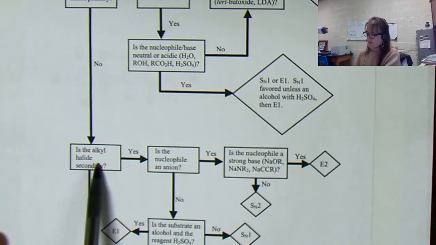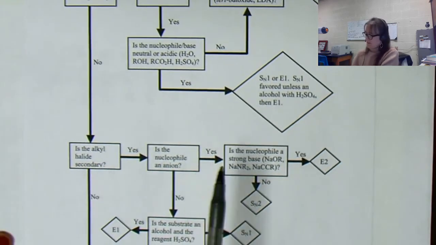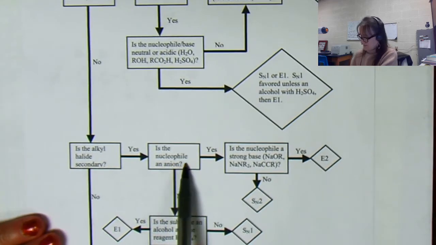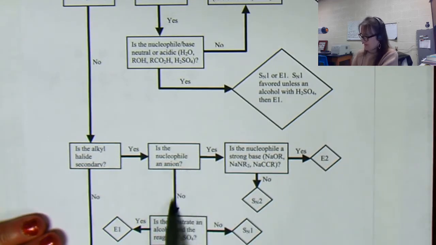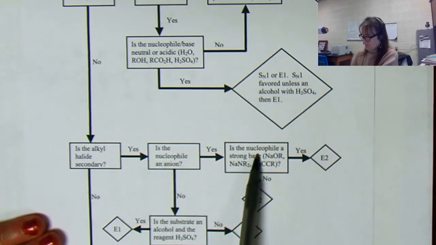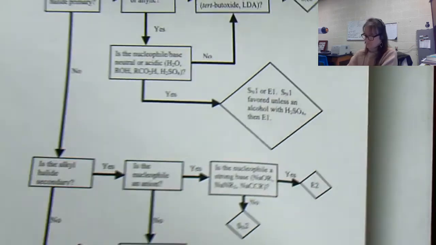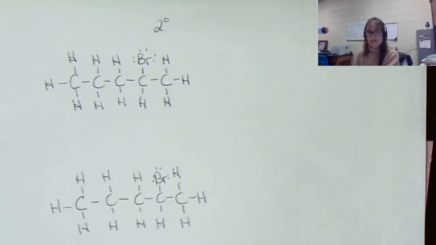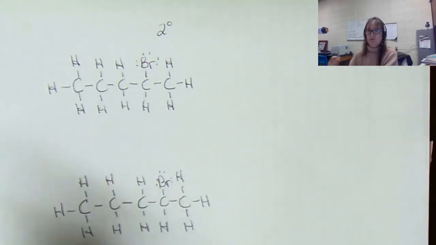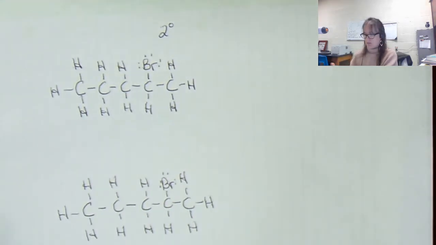If it's a secondary alkyl halide like ours, is the nucleophile an anion? And so it's going to depend on whether we have a yes or a no. And so we are going to look at an example when we would have a substitution, and we're going to look at an example where we have elimination.